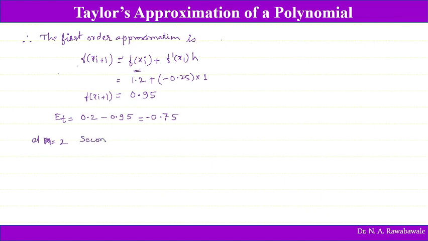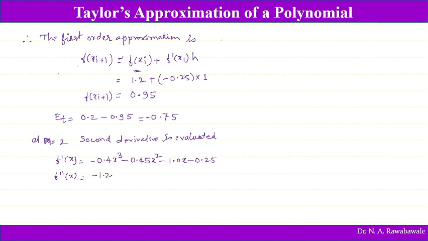Second derivative is evaluated, so first derivative f dash of x was minus 0.4 x to the power of 3 minus 0.45 x square minus 1.0 x minus 0.25.